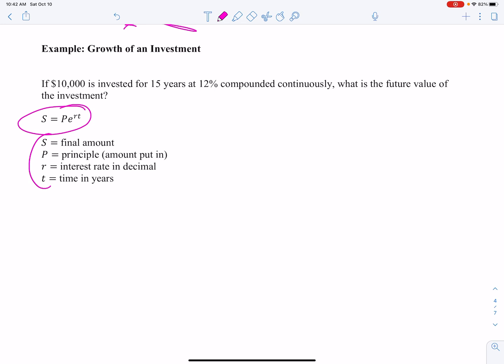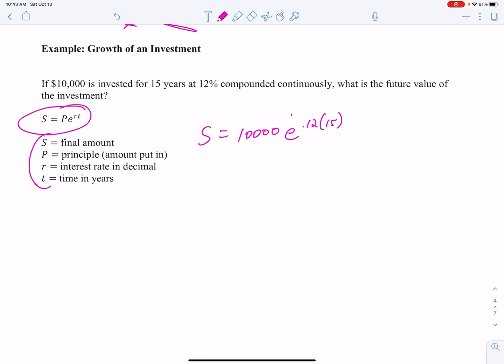Okay? So we're going to plug and chug, right? So the final amount equals the principal. So they put $10,000 in, times e, remember e is a number, and you'll be able to punch that into your calculator, raised to the r, so 12% in decimals, 0.12, t in years, 15.